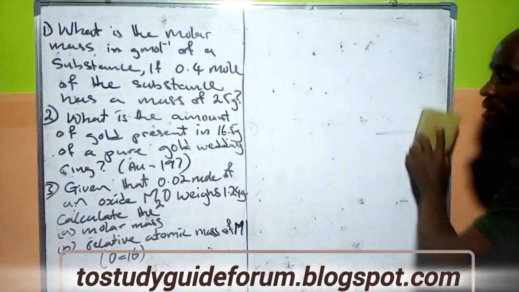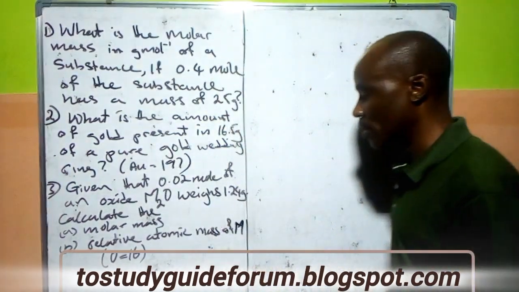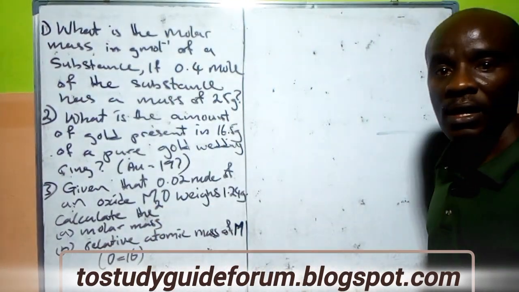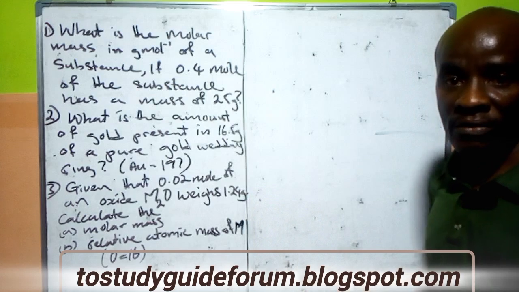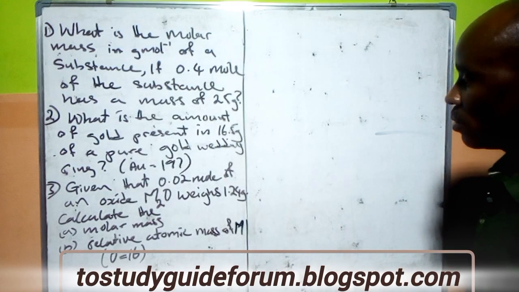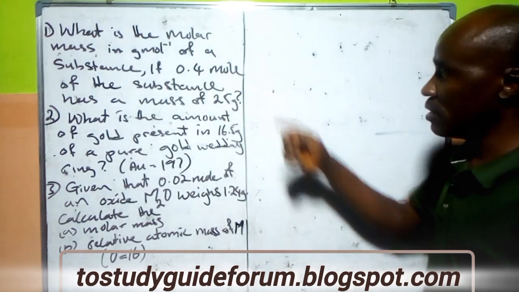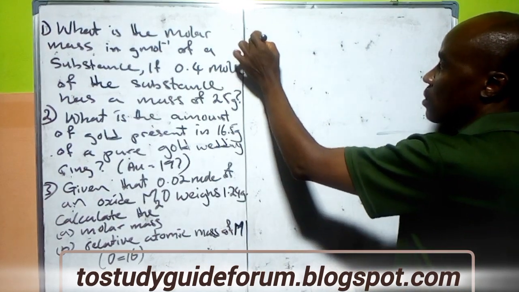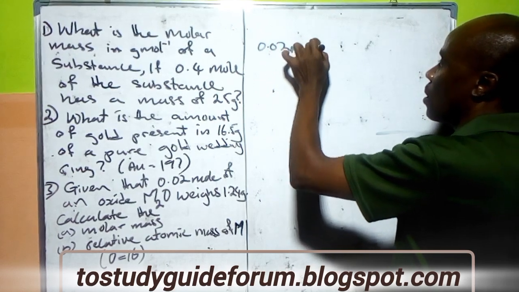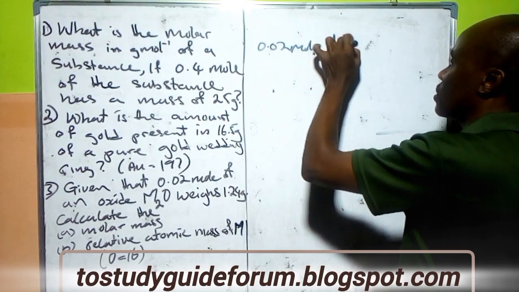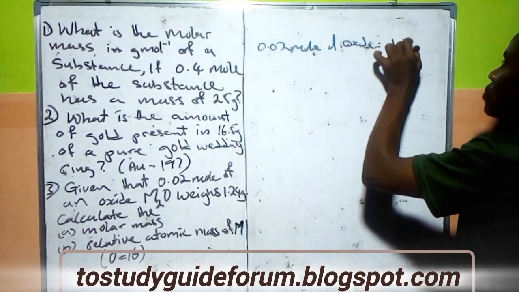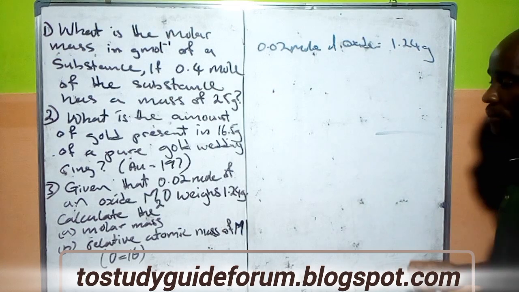In this question, we are going to be finding the molar mass and the relative atomic mass of the element M, which we don't know. Just like what we did in the first place, we know that 0.02 mole of the oxide is equal to 1.24 grams.